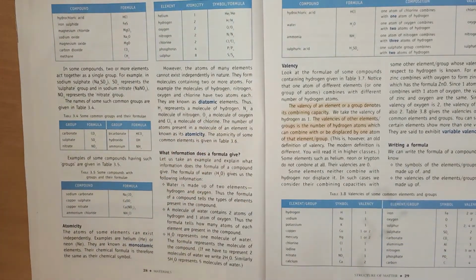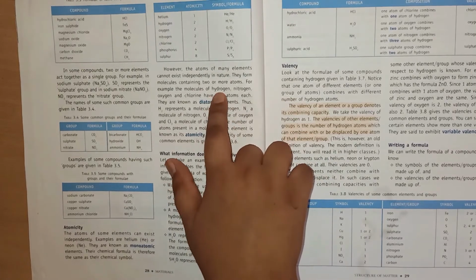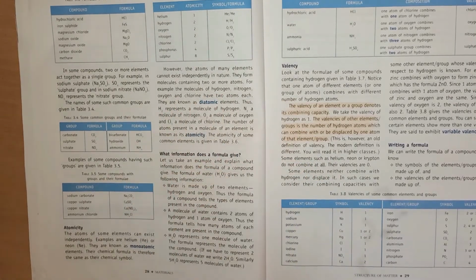So some atoms can exist independently, and they are known as monoatomic, and the ones which cannot exist independently are known as diatomic. Examples are hydrogen, nitrogen, oxygen and chlorine.